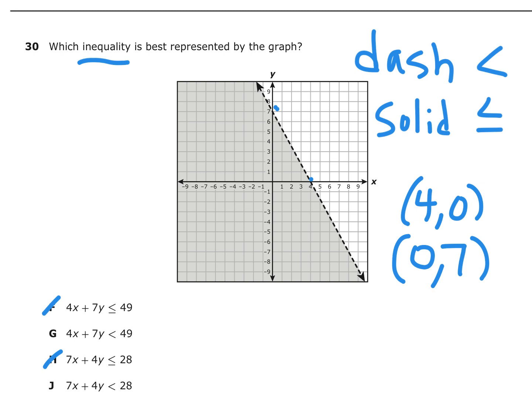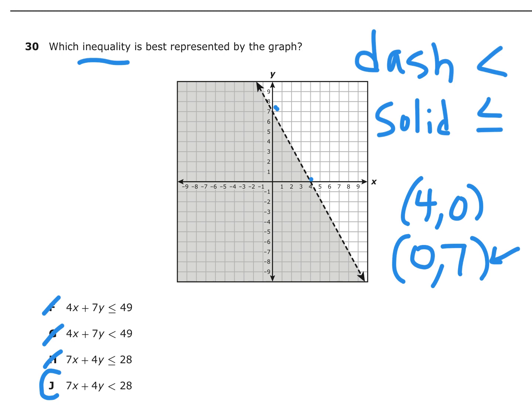So if we look at answer G, if x is 0, y is 7, so this point works. But if y is 0, x will not be 4, so it can't be that. So let's plug both of those points into answer J, and you will see that if y is 0, x is 4. 7 times 4 is 28.